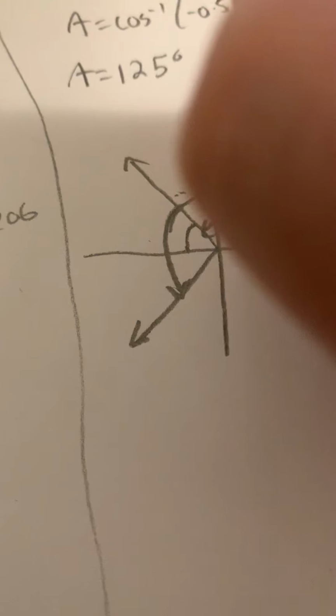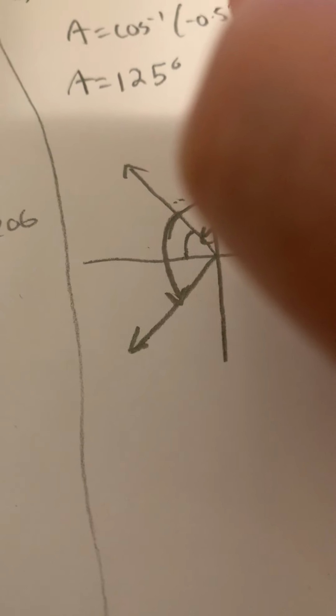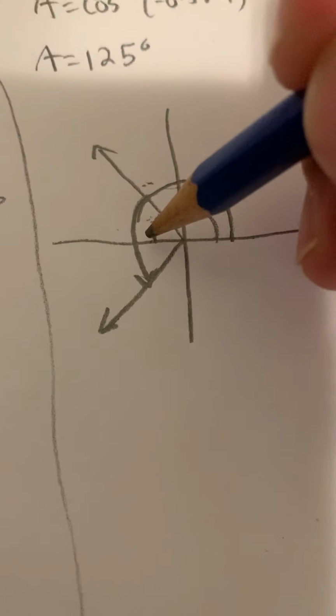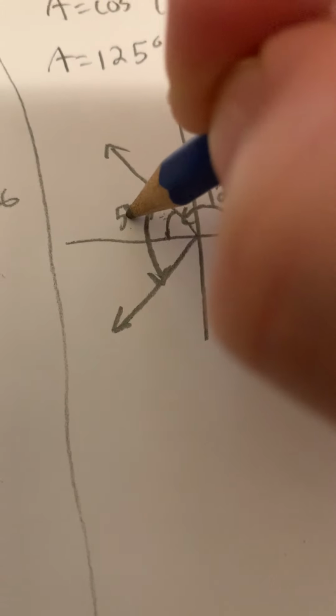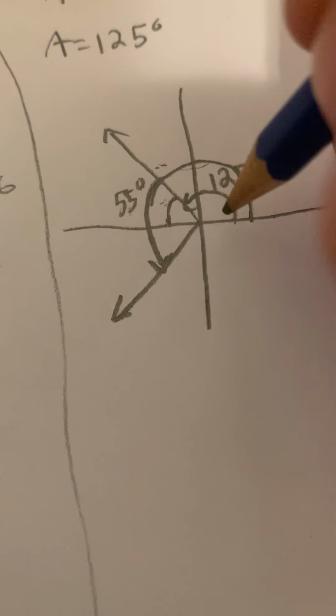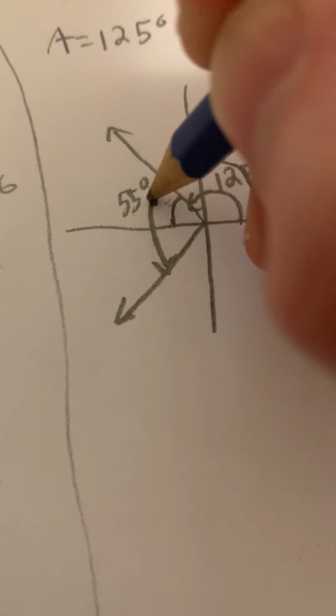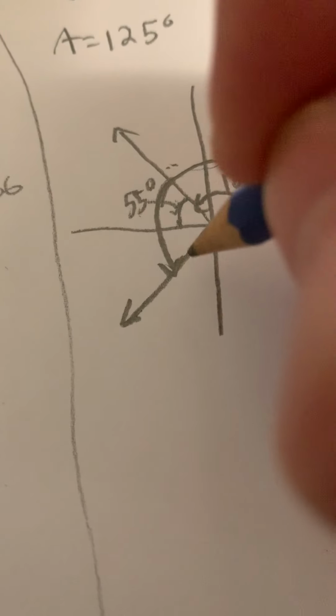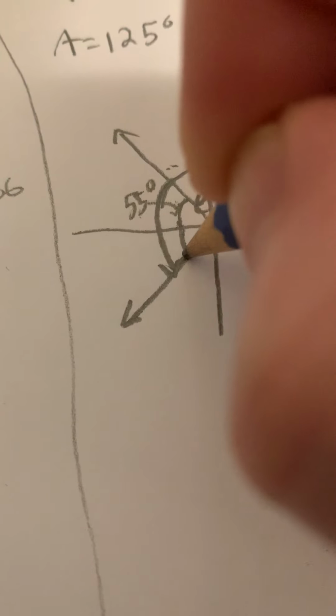So that would give us 55. So this angle inside here is 55 degrees. If this is 125 from here to here, then this angle here is 55. That means this angle here is also 55 degrees.